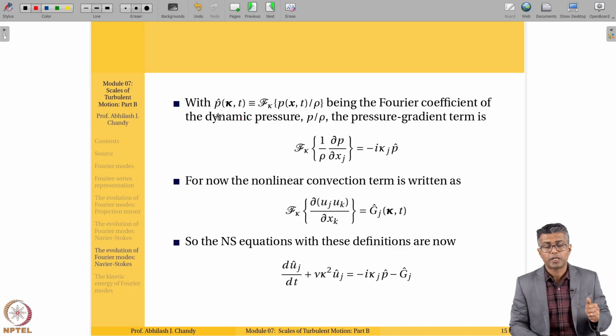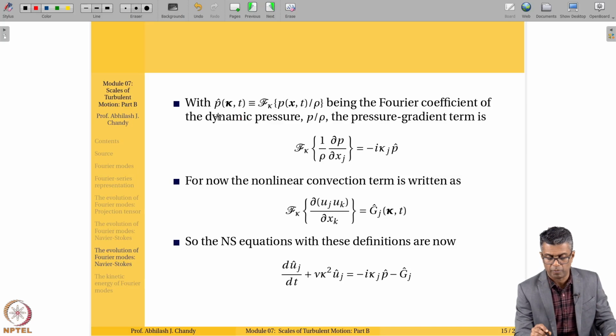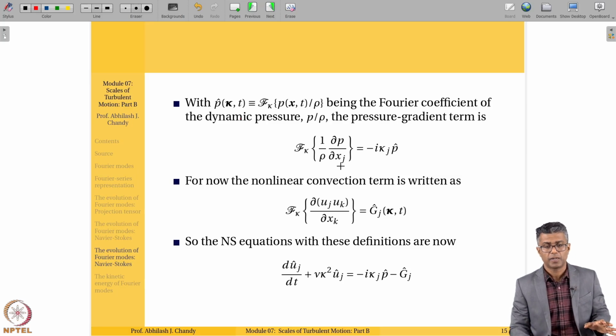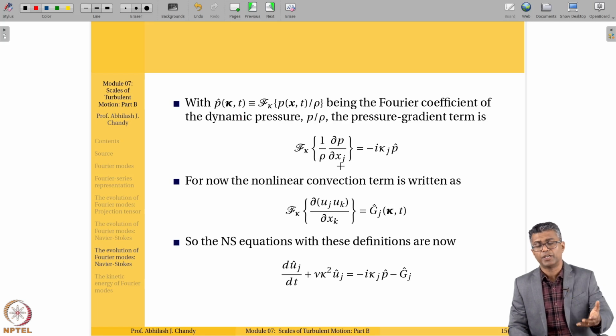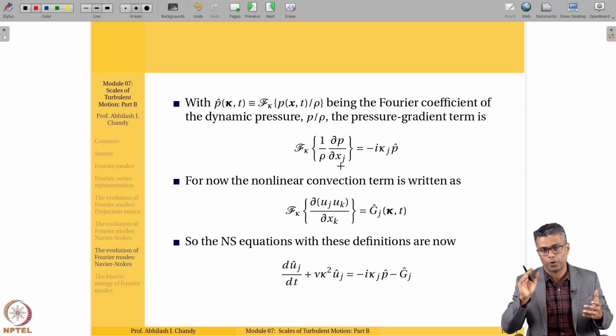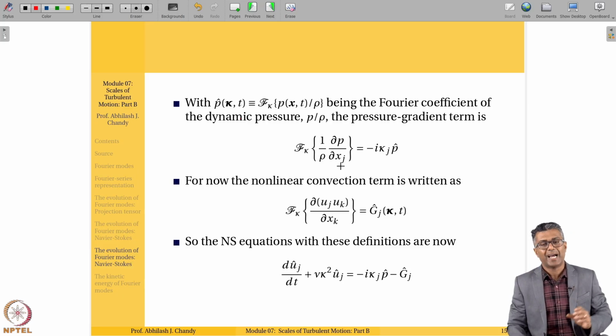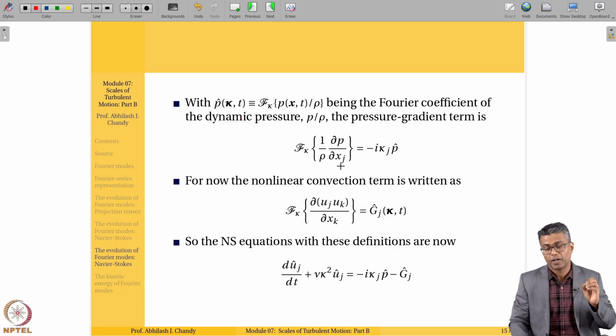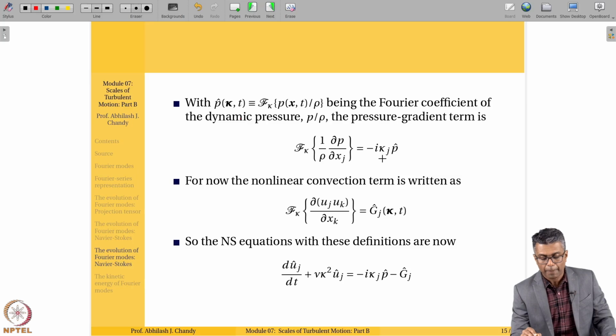Now the Fourier transform of the pressure gradient term, which is F_k of 1 over rho del p over del xj. Rho is a constant and that can be factored into p. So you take your p as your normalized pressure p over rho. And then essentially what you have is a derivative of pressure, and you're taking a Fourier transform of that. We now know how to take a Fourier transform of a derivative. It just becomes I kappa j p hat, isn't it?